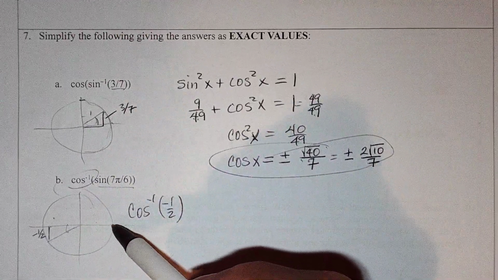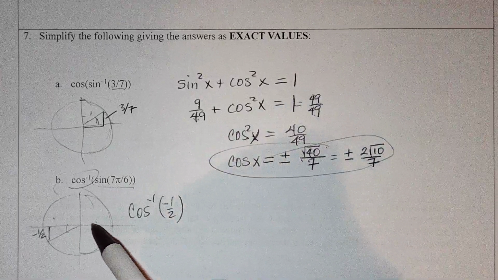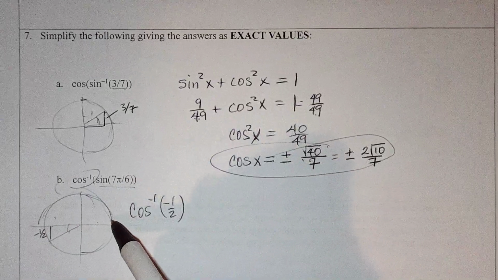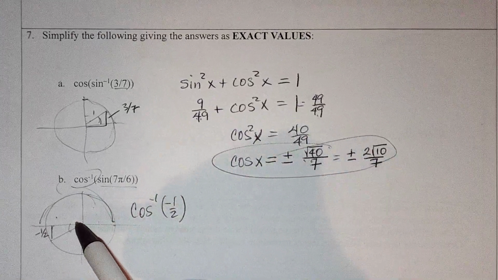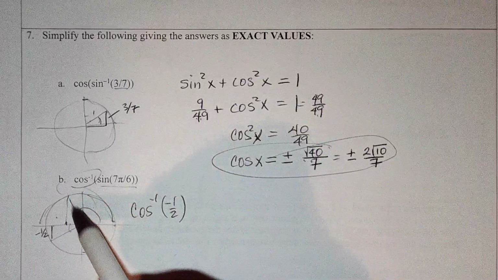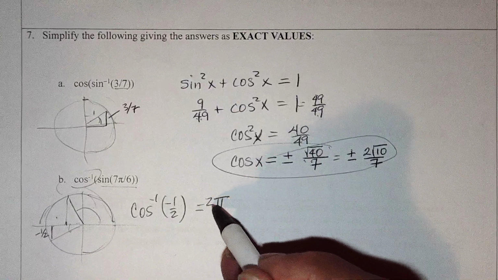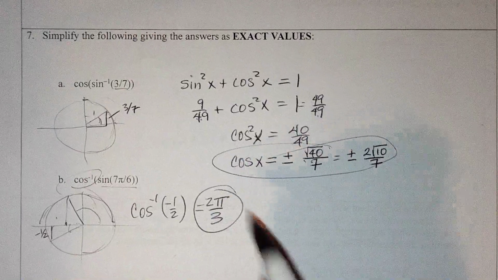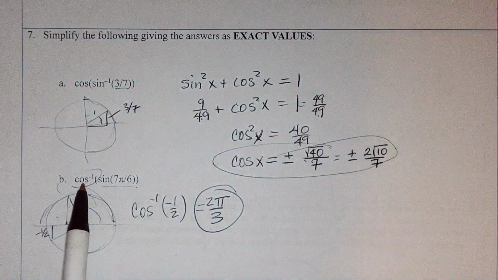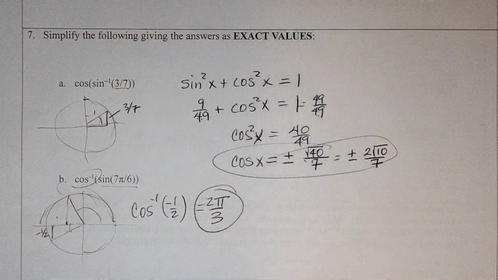But the cosine inverse we do from these two quadrants, and cosine is -1/2 here, which is at an angle of 2 pi over 3. So it doesn't just give you that. You have to kind of think through what all this does.